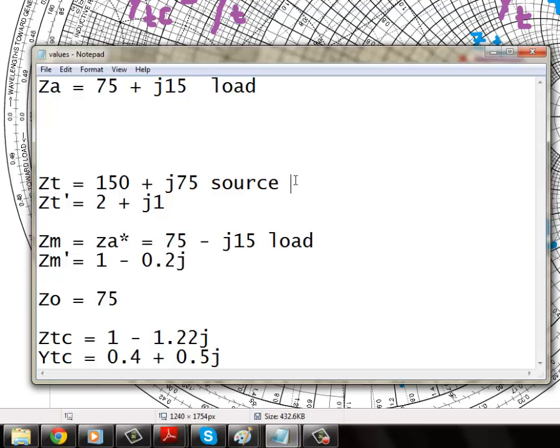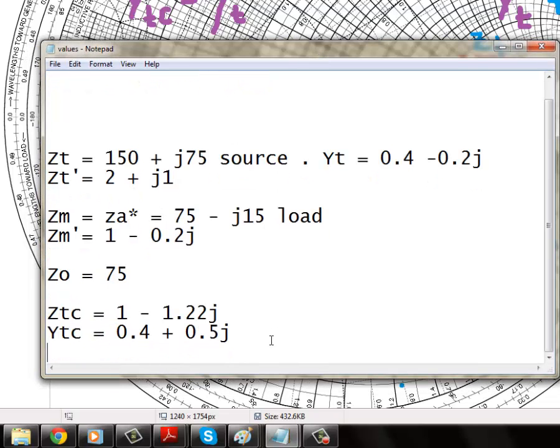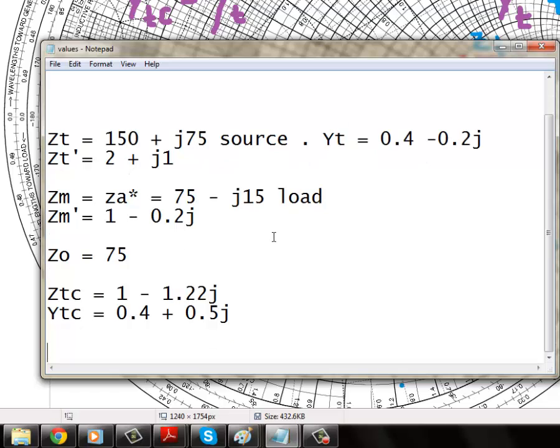If you find on the Smith chart the value of YT, it will be equal to 0.4 minus 0.2j, and we already know the value of YTC. So how will this work? Let's move on to our notepad. We said for the capacitor it will be YTC minus YT.